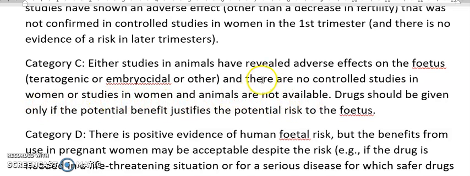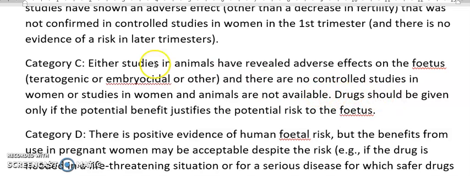It's difficult ethically to do such studies in pregnant women. So studies have not been done in women and animals, and we don't have the available information with regards to whether this drug causes any problems or not.